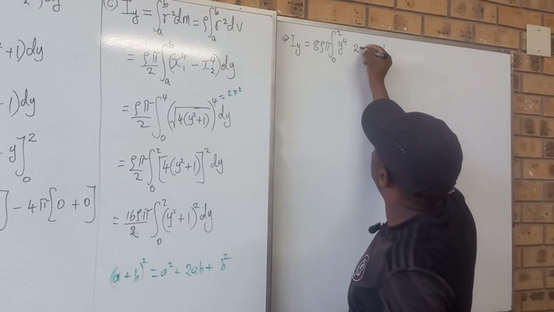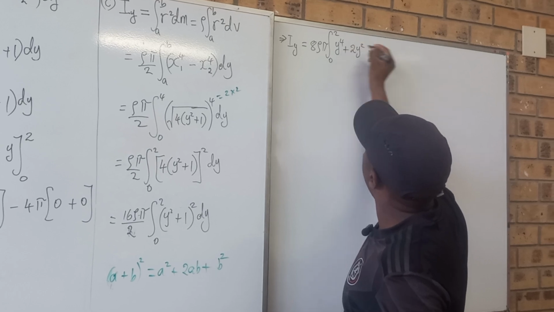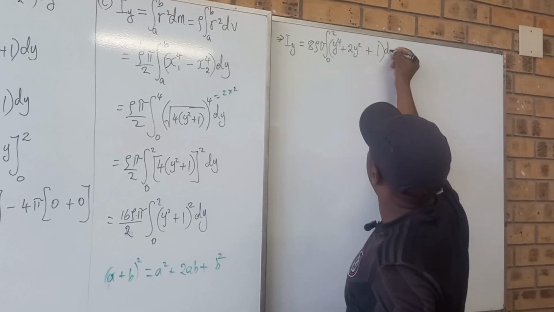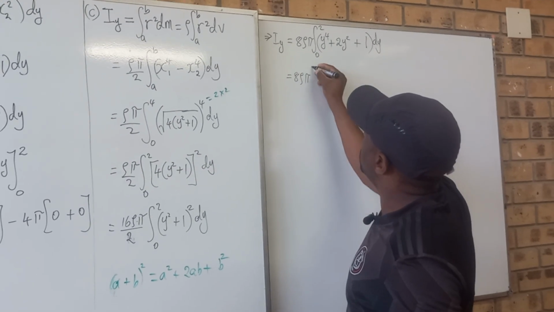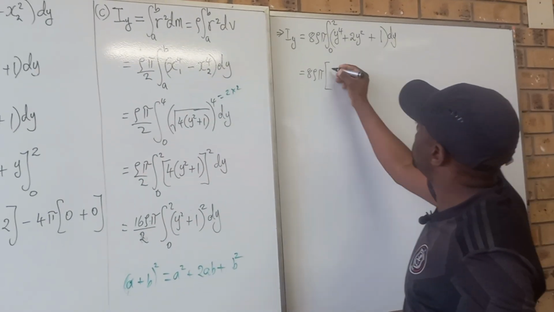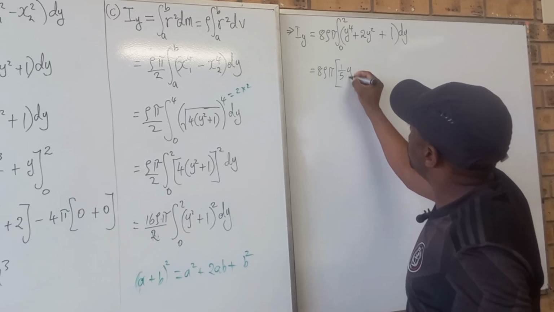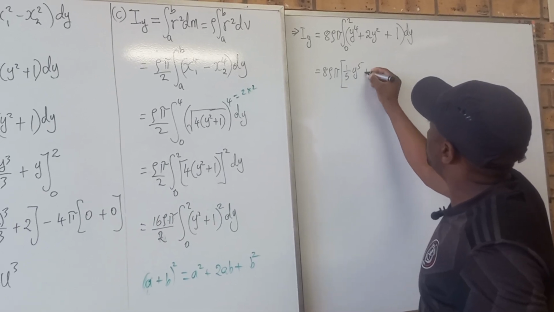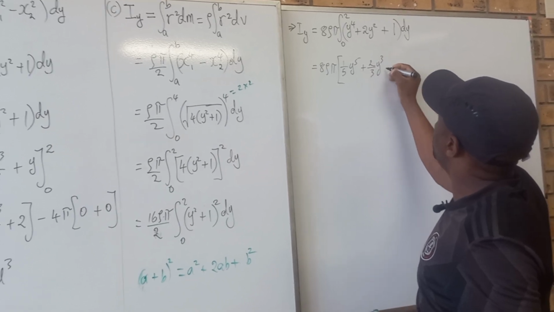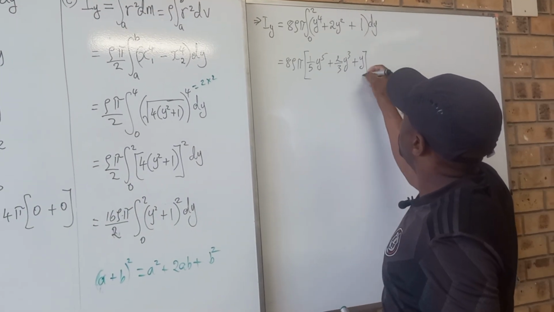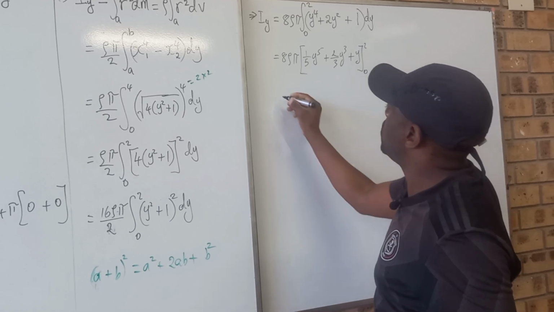That gives me 2y squared. Then I'll put my positive sign. There, I'm done with my expansion. I can now concentrate on integration. So I'll get 1 over 5 of y to the power 5 plus 2 over 3 of y to the power 3 plus y. That's my integration from 0 to 2.